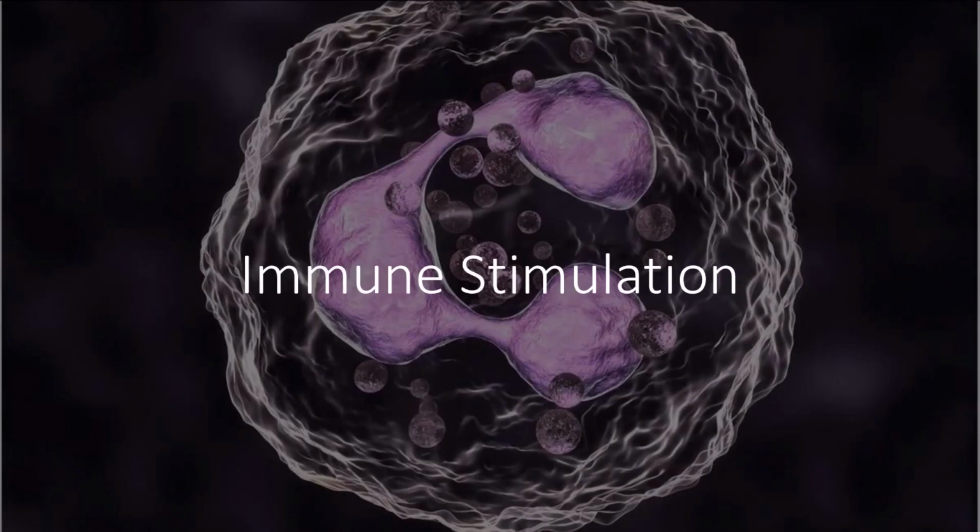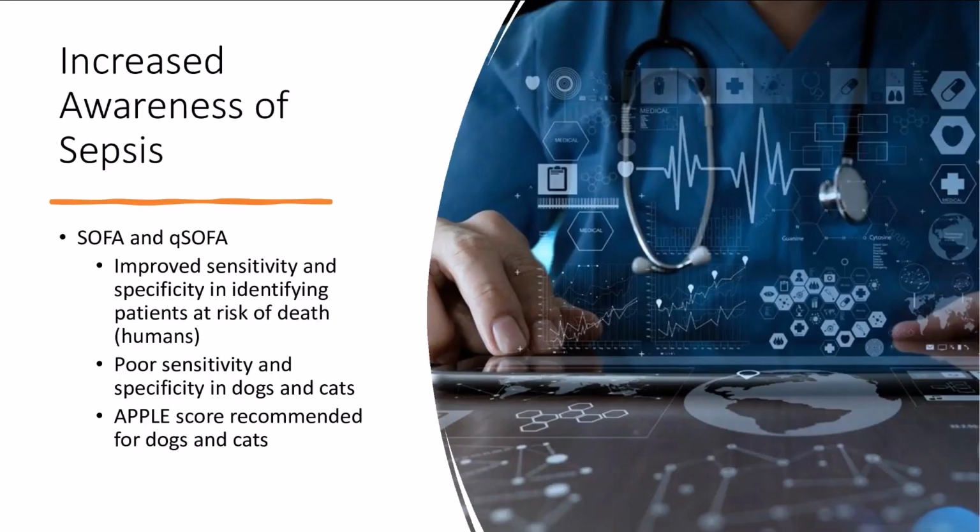So basically the aim, if I can just go back a slide, the aim of these scoring systems is not necessarily to condemn a patient to death because they get a particular score. What it does is it helps us identify at-risk patients so that we can monitor them more closely, we can treat them more aggressively, and hopefully treat them earlier so that their chances of survival from their illness are improved.